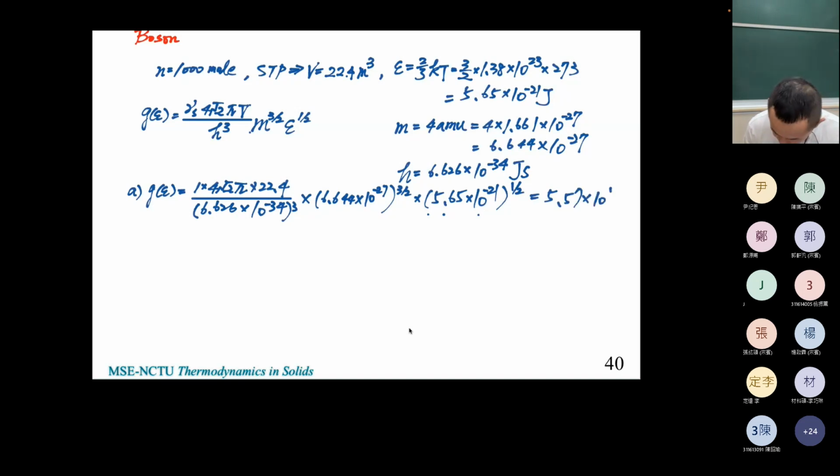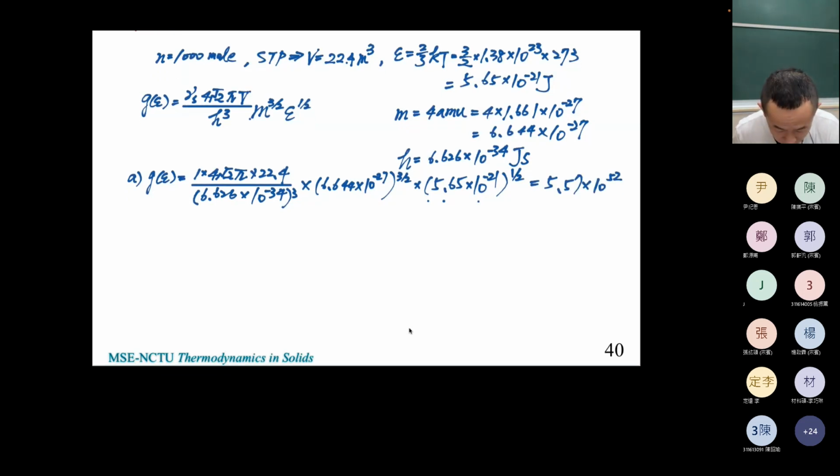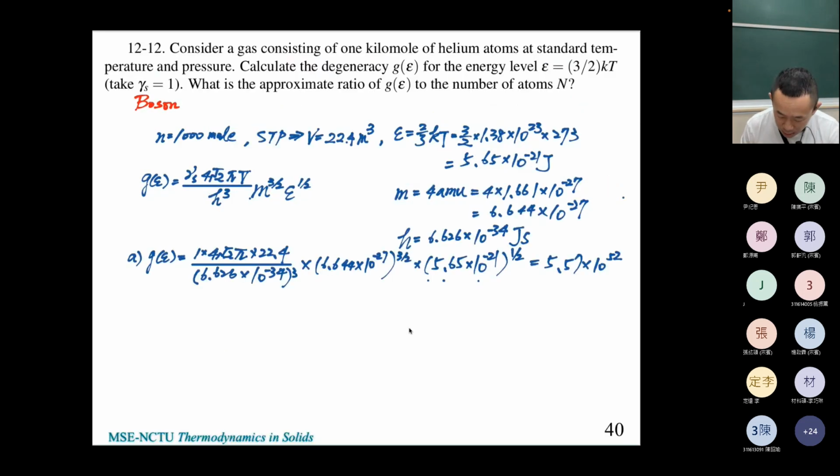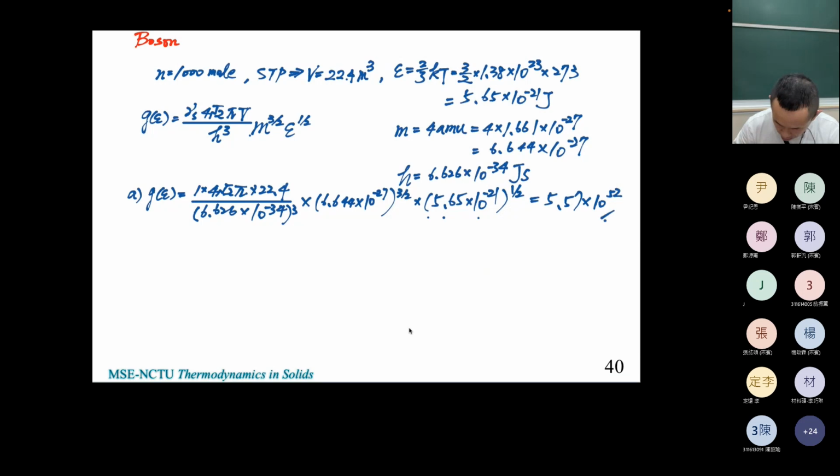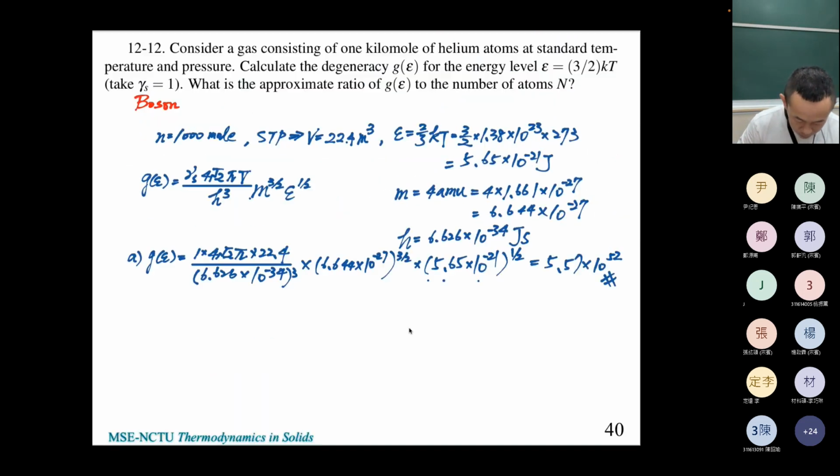Wow, it's long. The result is 5.57 times 10 to the 52. Wow, this is a really big number. So you can see that the G epsilon for the specified values will be so big. Hope you can see this clearly.